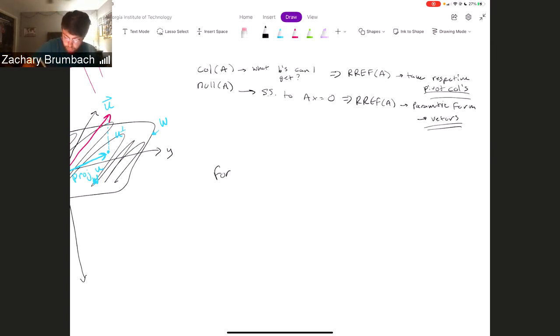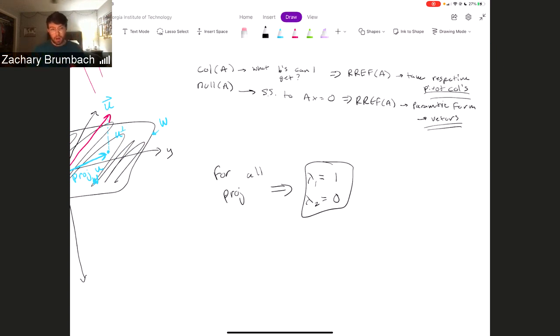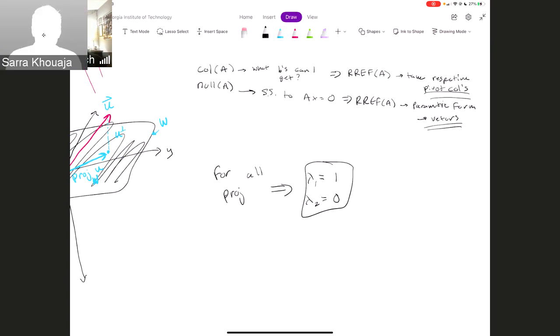So for all projections, what are your two eigenvalues? 1 and 0. Always. If you see projection right off the bat, you know this is true. If it says projection and a rotation, that is no longer the case. But for just a strict projection, this is always the case.